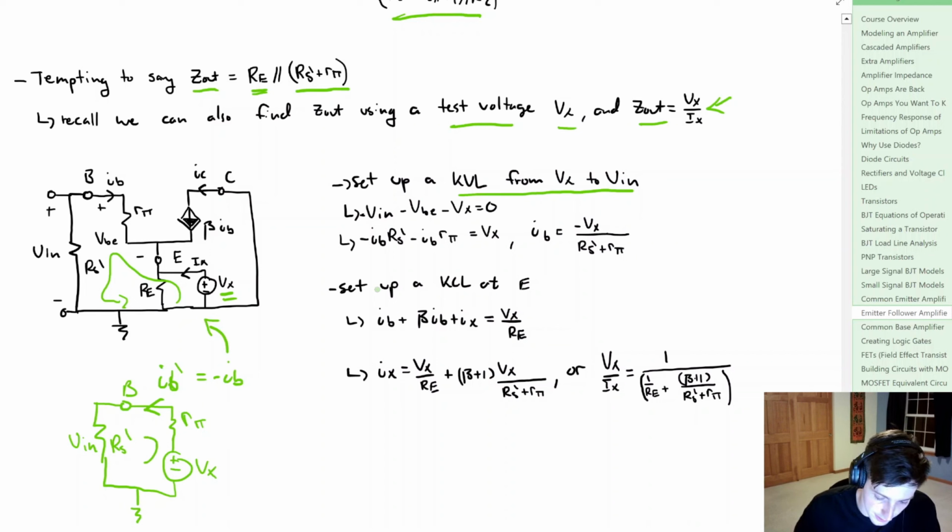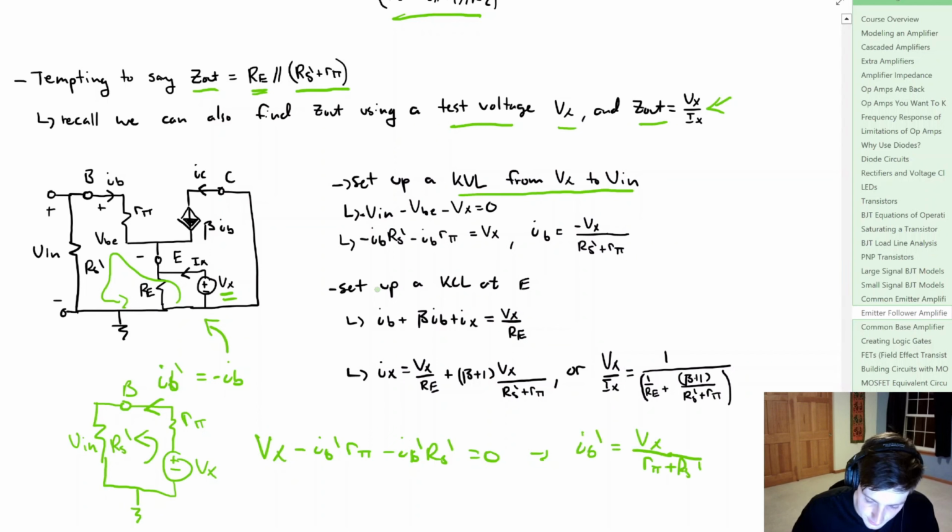If we do a KVL here, we can say that Vx minus IB prime R pi minus IB prime times RS prime is going to be equal to 0, or simply that IB prime is going to be equal to Vx divided by R pi plus RS prime. Now we know that that's going to be equal to minus IB, and this gets us to the term right here. We said that the base current is equal to minus Vx divided by RS prime plus R pi.